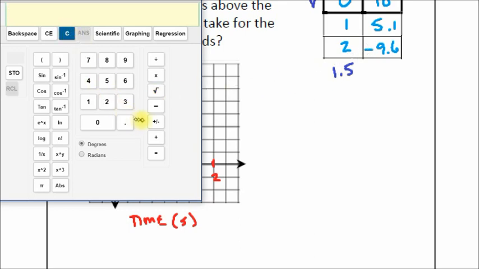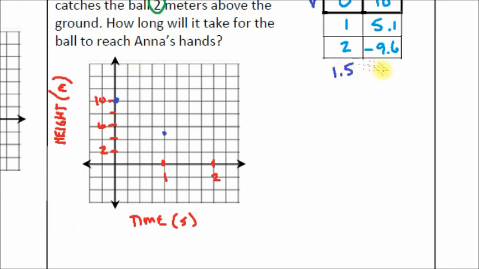This is negative 4.9 times 1.5 squared plus 10. And we end up getting negative 1.0. Oh, that's perfect. So we're at negative 1.0 at 1.5 seconds. That's going to be about right here.